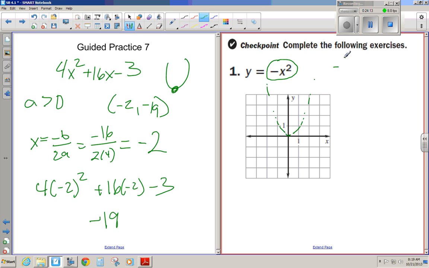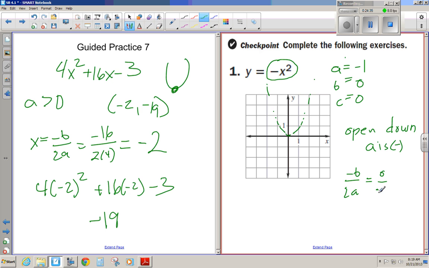Now, a is negative 1, b is 0, c is 0. It opens down because a is negative. The axis of symmetry, negative b over 2a, would be 0 over 2 times negative 1. So it's 0. So the vertex is right here. The y-intercept is there as well, so we need to find one other point.